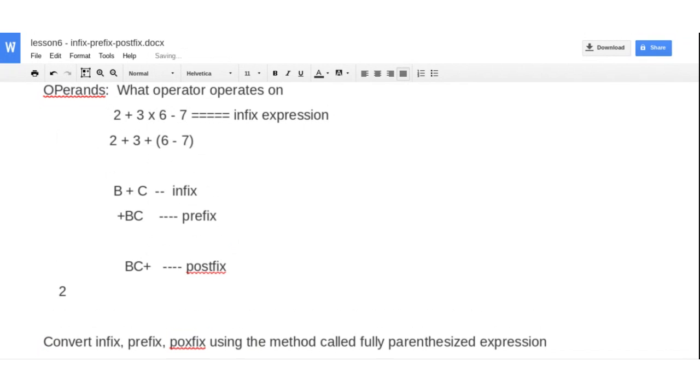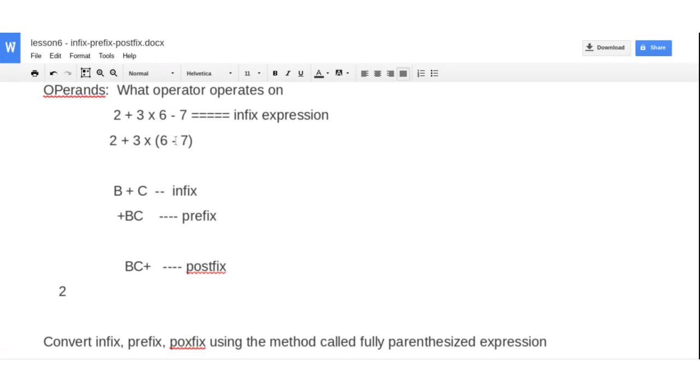Once I put brackets there, I change the way I should work out this expression. It's the same expression, but for the second one I've added brackets.